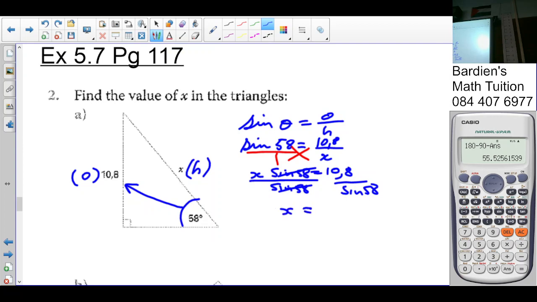So x is equal to, again on the calculator, 10.8 over sine 58. 12,74.